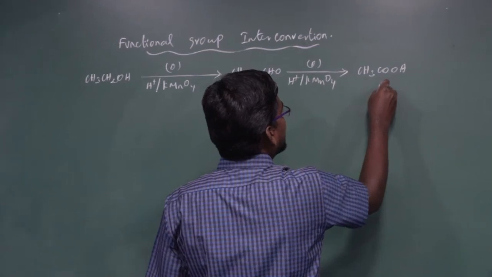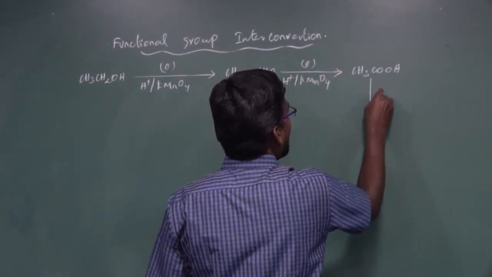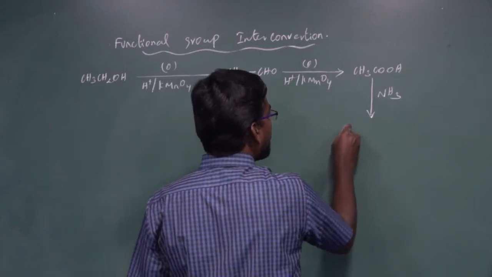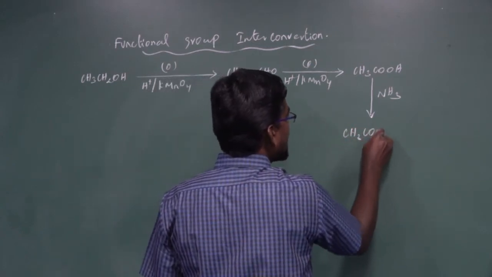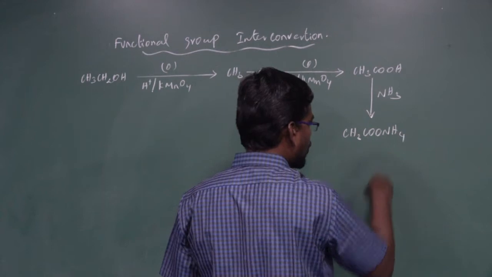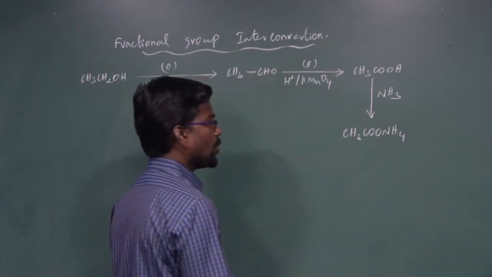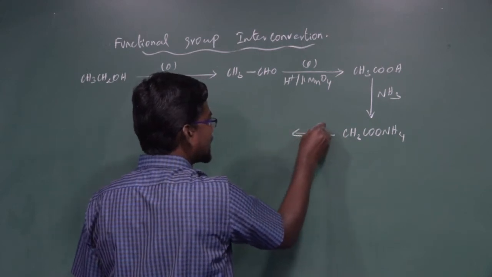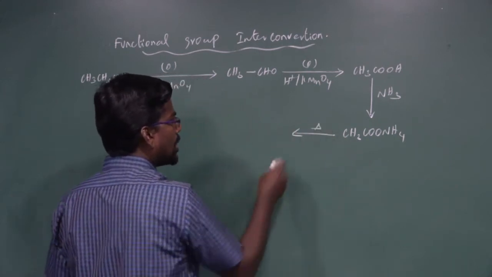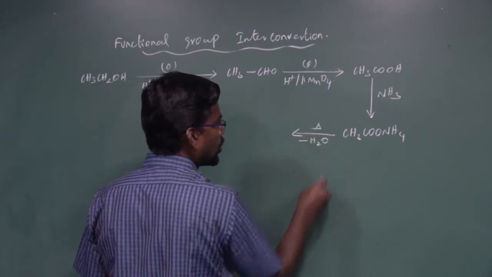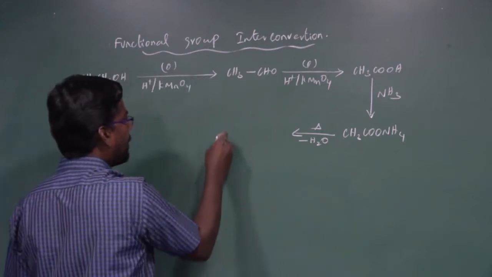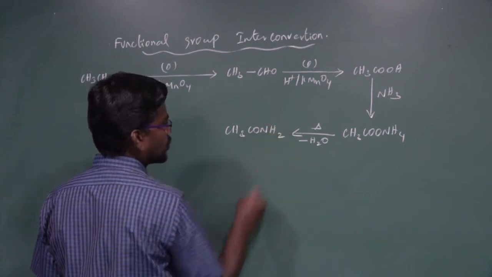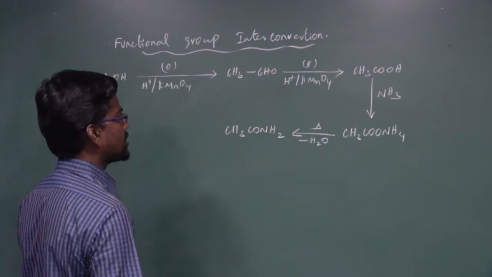Acetic acid further reacts with ammonia, NH3, to form CH3COONH4. On heating the CH3COONH4, removal of a water molecule, H2O, forms CH3CONH2.